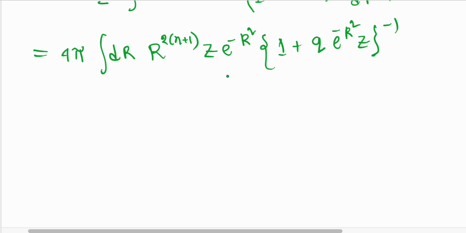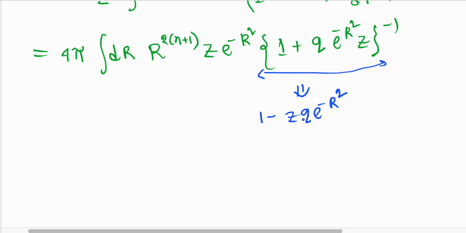Okay, so if we express it here like this, what will it become if we expand in Taylor series? 1 minus q e to the power minus r square z. Let me write it in this way, z q e to the power minus r square.